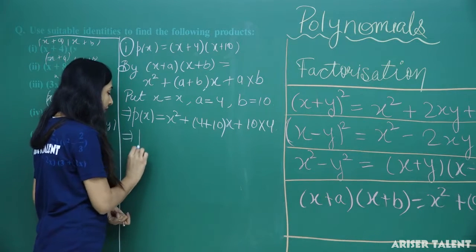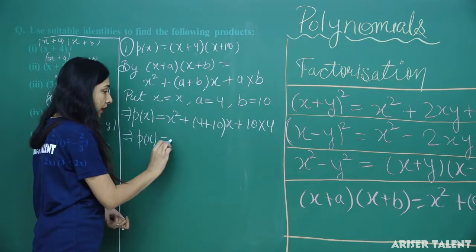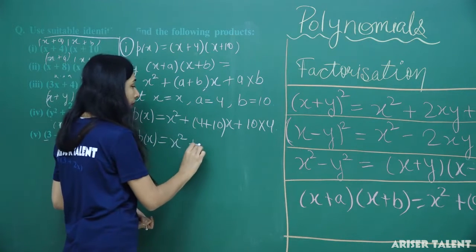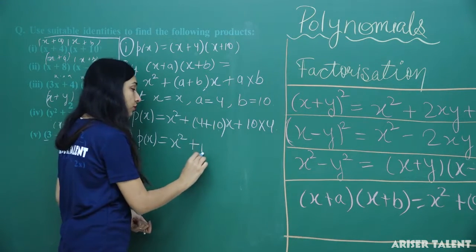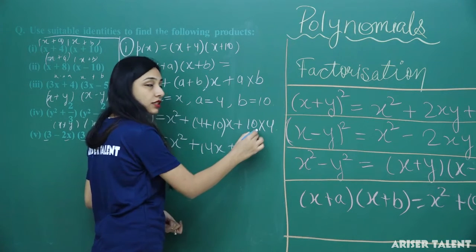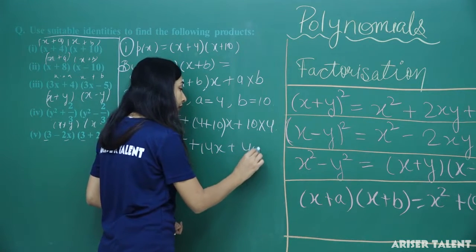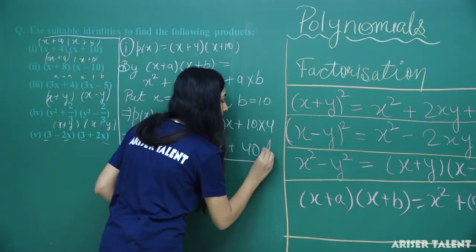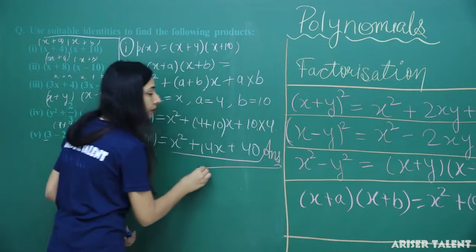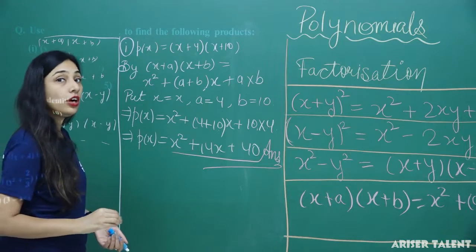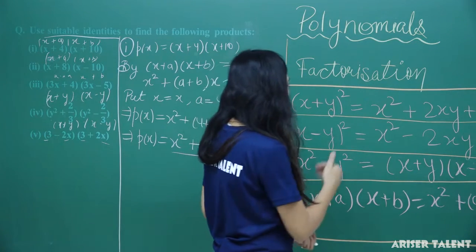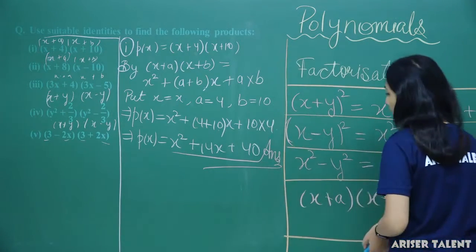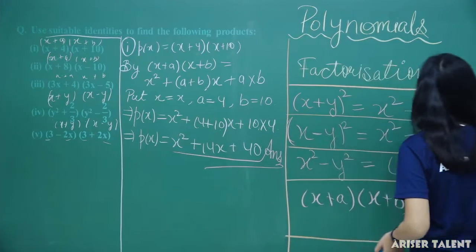That implies px will be x square plus 14x plus 40, and that will be what, student? Your answer. This is your answer. Okay, should I rub these formulas, right, student?